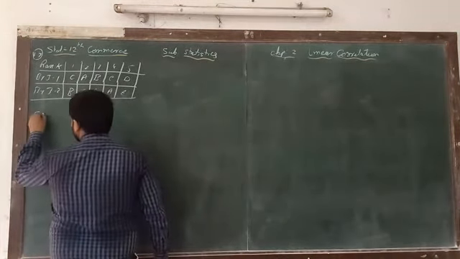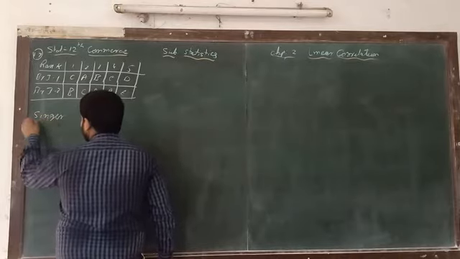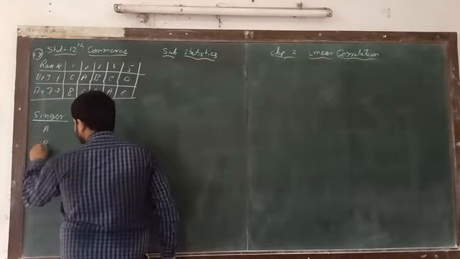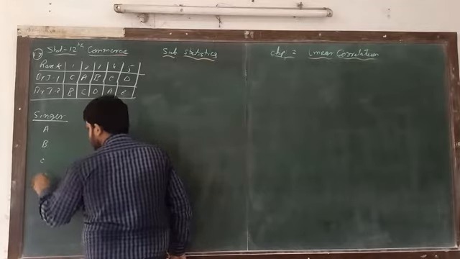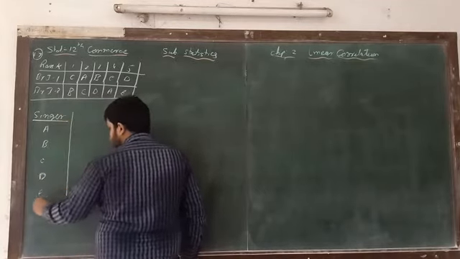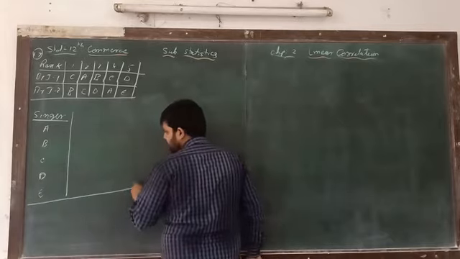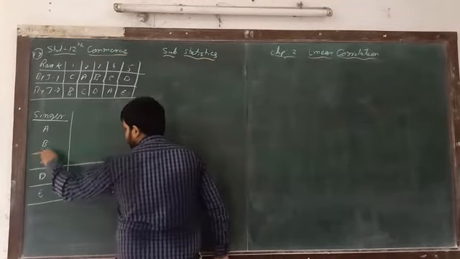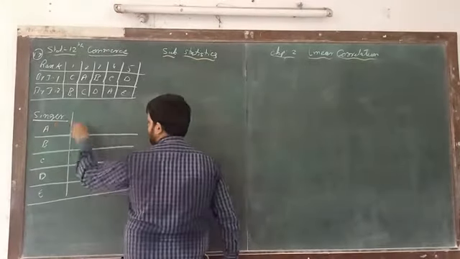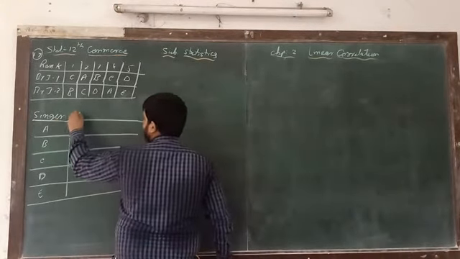So first of all, the singers: A, B, C, D, and E. Five singers are there. Here different kind of information is given, so we have to calculate carefully with the help of the data.